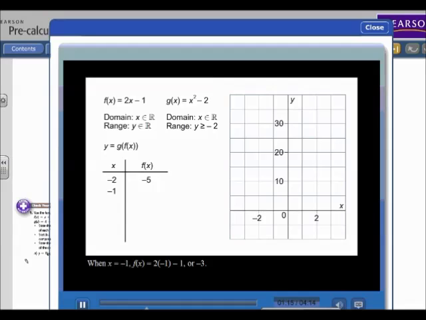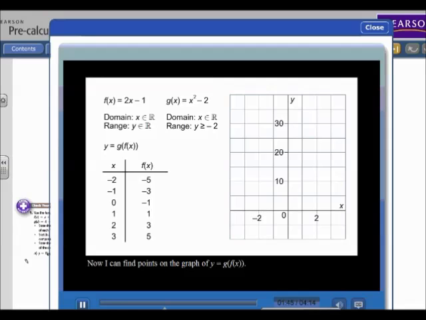When x equals -1, f at x equals 2 times -1 minus 1, or -3. When x equals 0, f at x equals -1. When x equals 1, f at x equals 1. When x equals 2, f at x equals 3. When x equals 3, f at x equals 5.